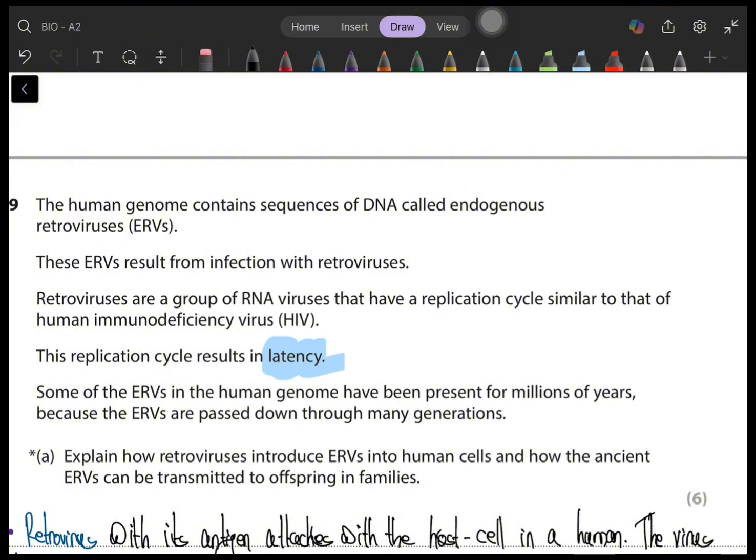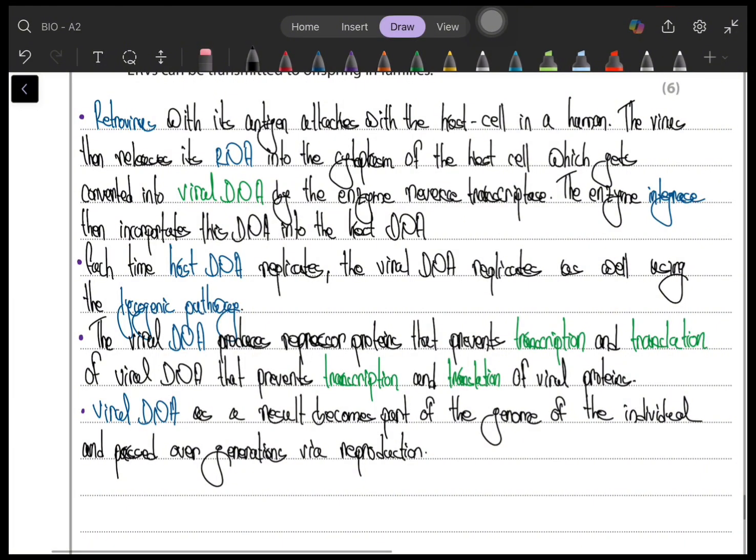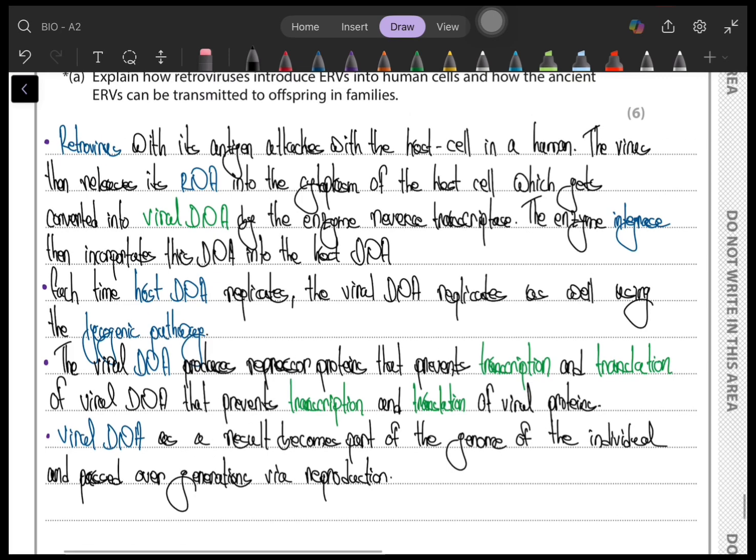First of all, it would attach to the host cell, and then it would release the viral RNA into the cytoplasm of the host cell, and the reverse transcriptase would convert this viral RNA into viral DNA. The viral DNA would then get inserted into the host cell DNA due to the enzyme integrase, and they are going to be replicated in a lysogenic pathway and hence will be transmitted over generations. So this is what I have written over here.